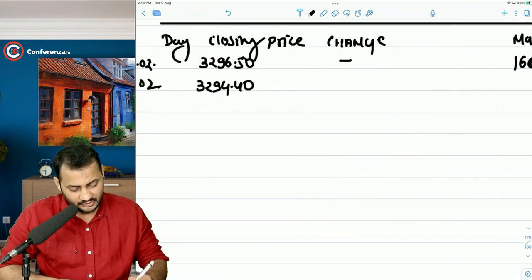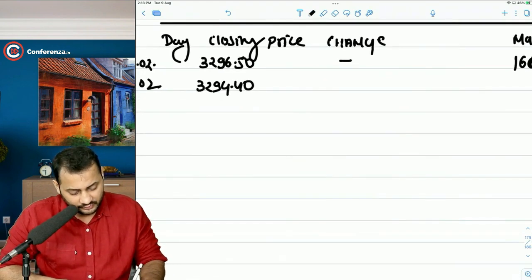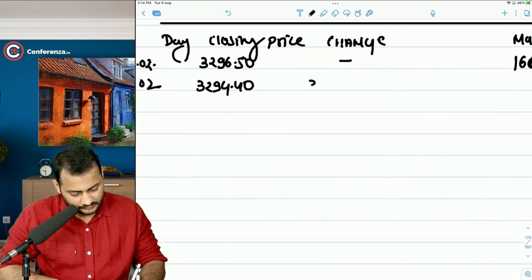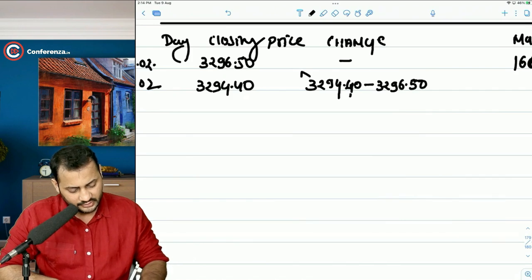What is going to happen? How are you going to calculate the change? 3294.40 is the current value, minus 3296.50, which was yesterday's price.